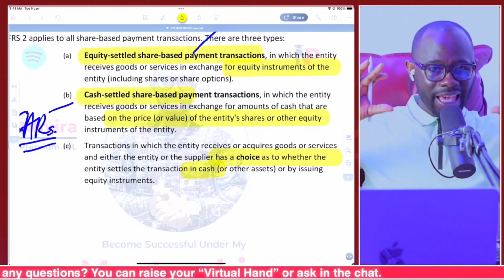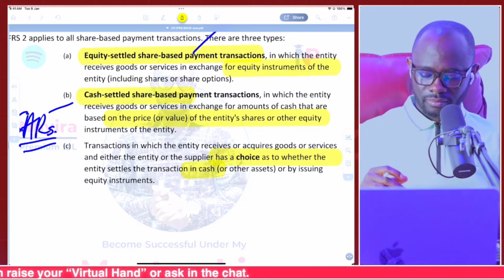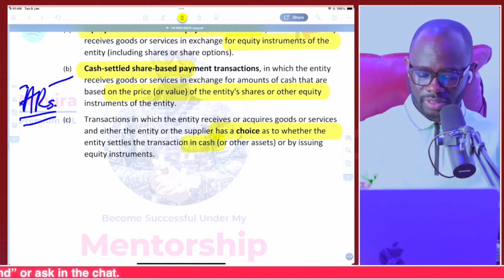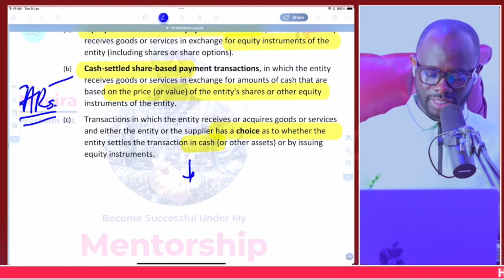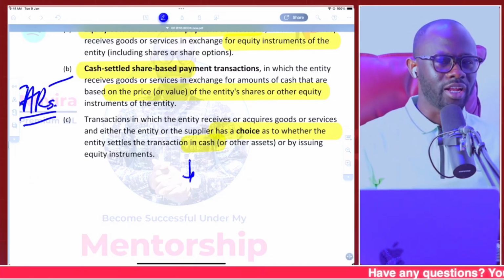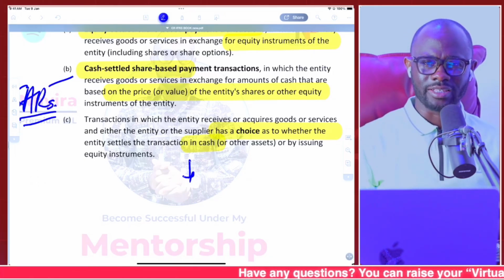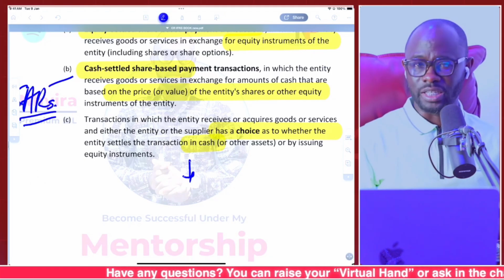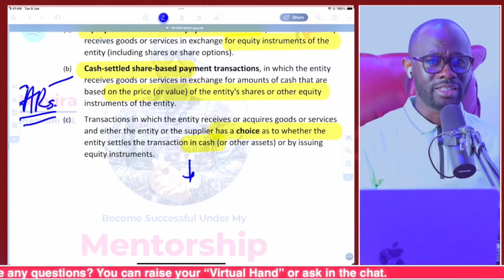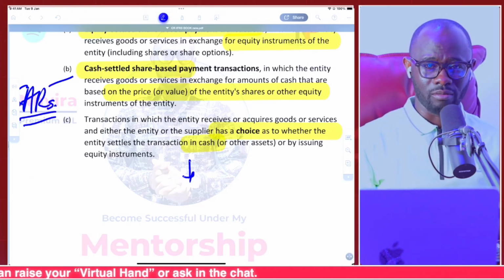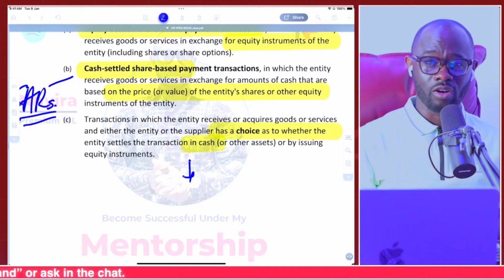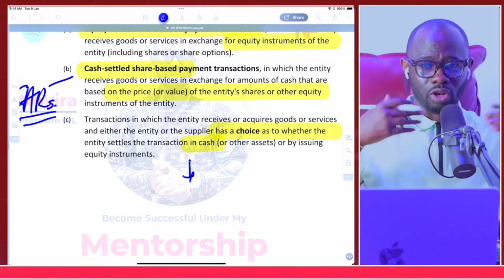Stay with me carefully. That third part requires that it will be treated as a compound financial instrument in accordance with IAS 32 financial instrument presentation. So we must split it between debt component and equity component. It is like we are issuing convertible loan notes.